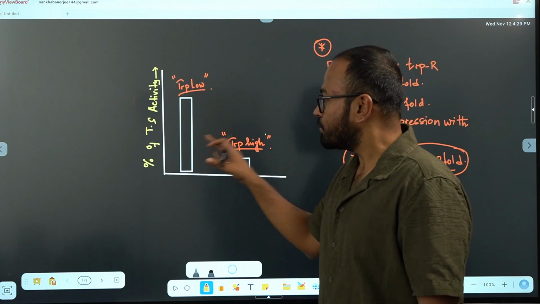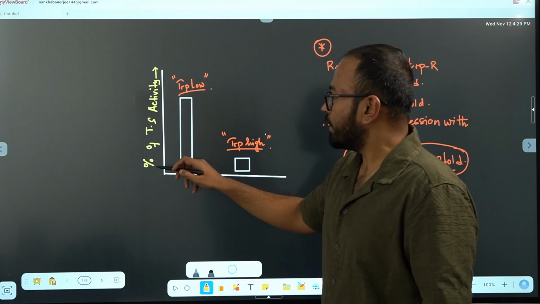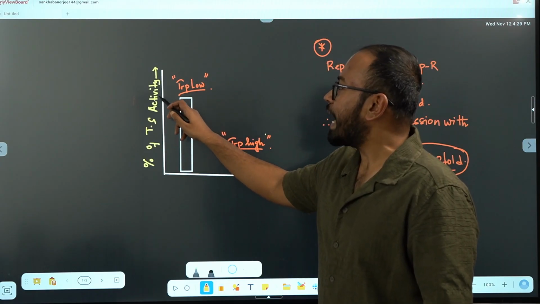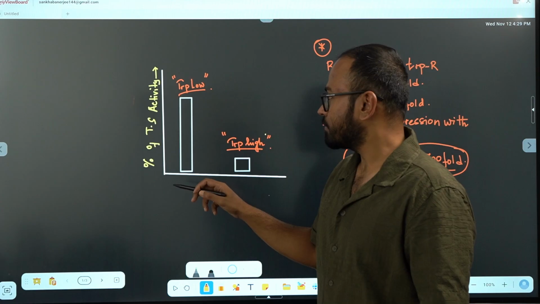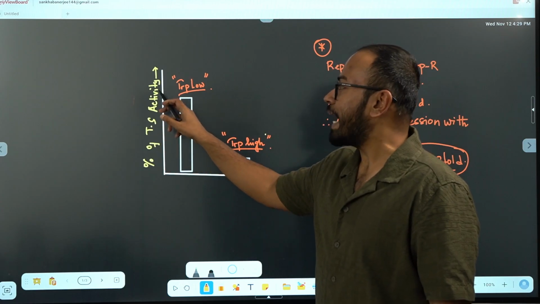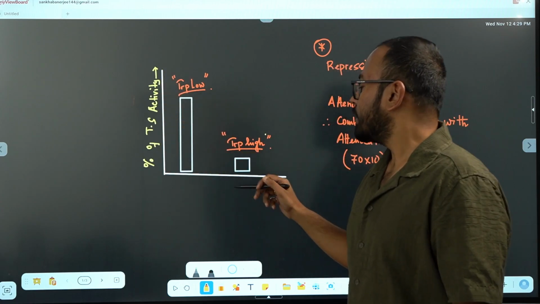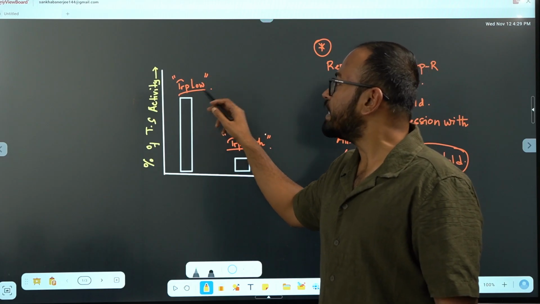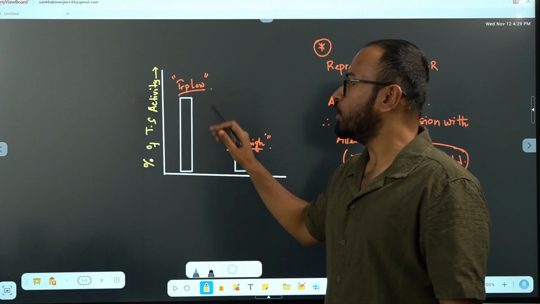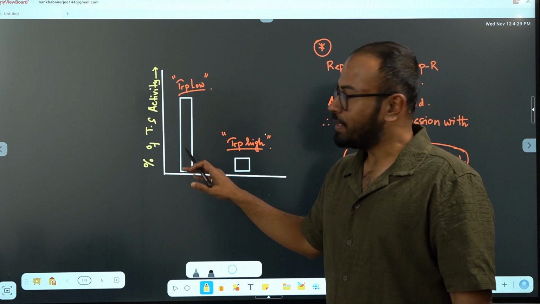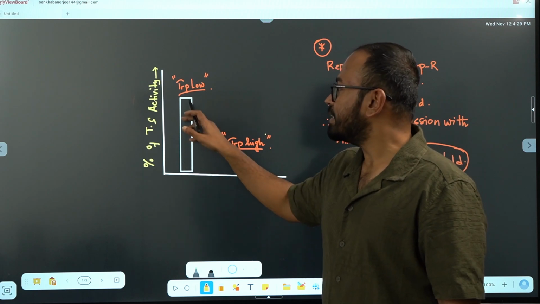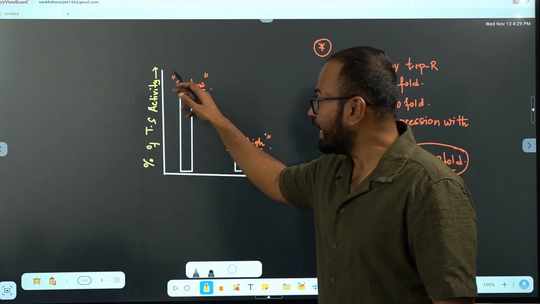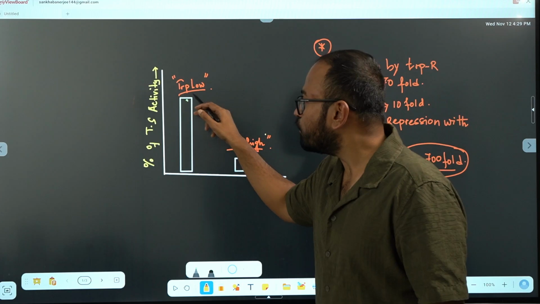As you can see from this graph, when the tryptophan synthase activity is high, the overall Trp level should be low. That means tryptophan synthase activity is high when the overall tryptophan level is low.